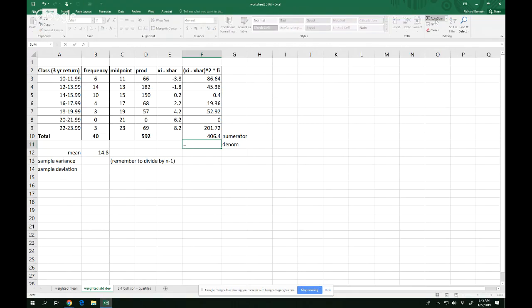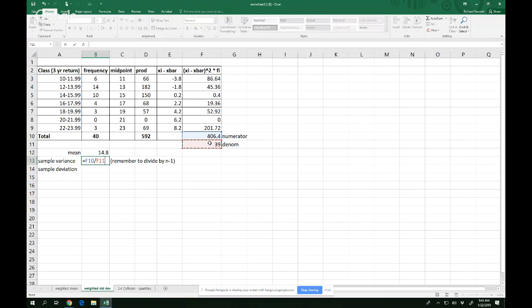The sum of your frequencies minus 1. The sum of my frequencies is 40, minus 1, so my denominator is going to be 39. So my sample variance is going to be, what, Braden? 406.4 divided by 39.